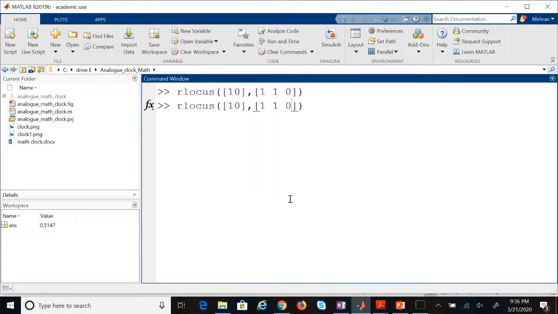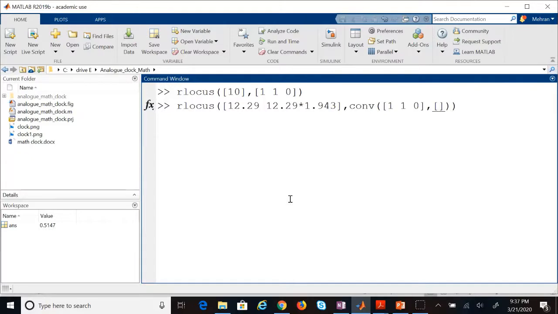So let me move it to the side and do it again. This time, the numerator is 10 times that, so 12.29 is the coefficient of S, and then 12.29 times 1.943. These are the coefficients of the numerator. The denominator, which is this, is now multiplied, using the conv command, by a new term.